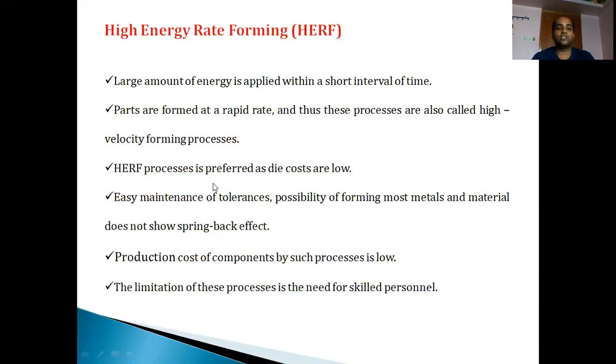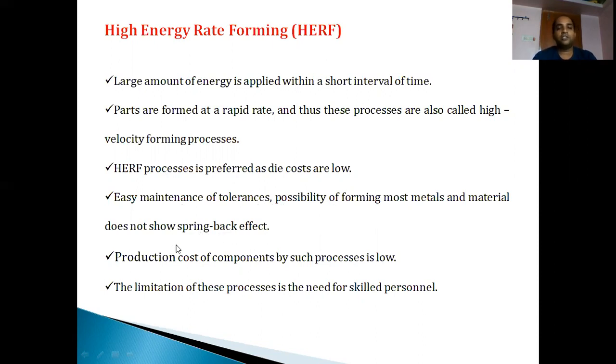Here the die cost in this HERF process is cheaper in nature, and when you apply a huge amount of energy for the forming process, automatically the tolerance limit is lesser, which means there is less maintenance, and you can develop the required materials which do not show any spring back effect.